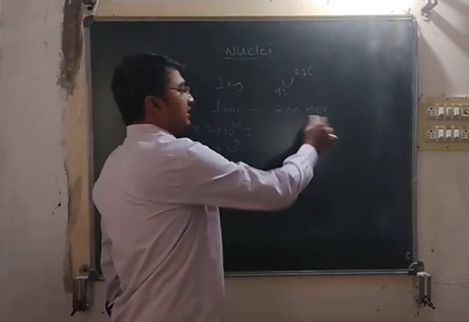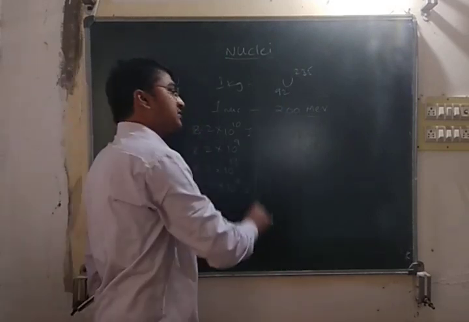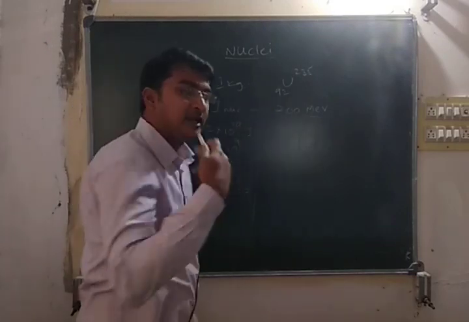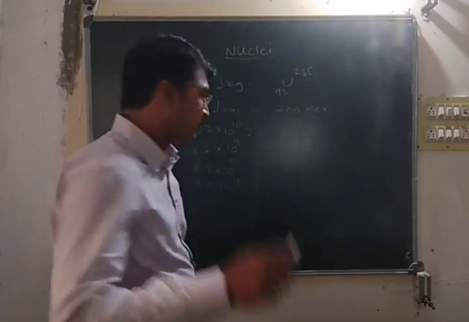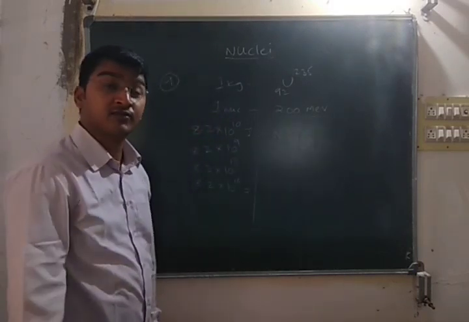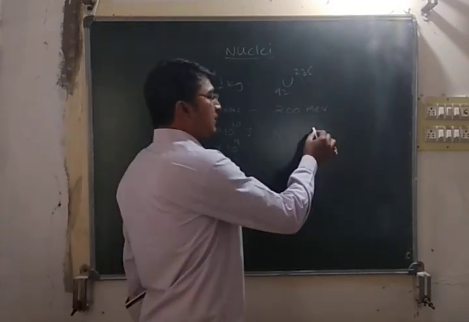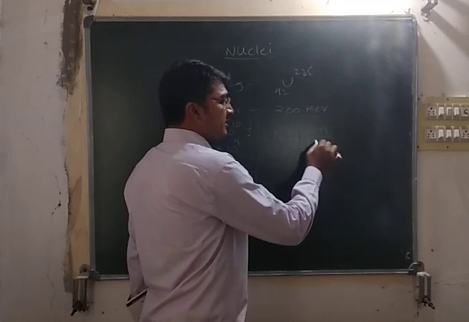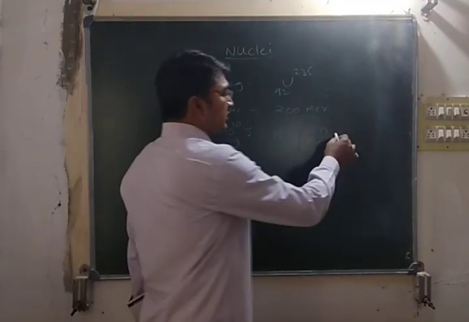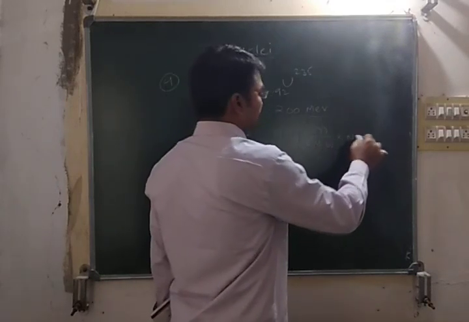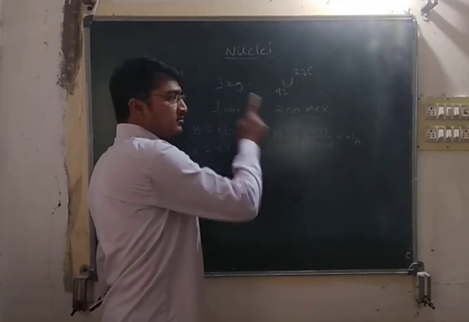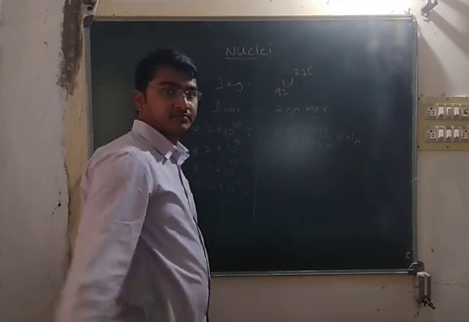So we should convert. Each nucleus gives this much energy. In 1 kg, how many nuclei are present? I already discussed this. The number of nuclei is the mass in grams divided by the molecular weight, times Avogadro number. The mass in grams: 1 kg is mentioned, so 1000 grams.